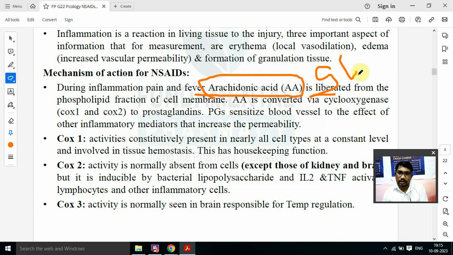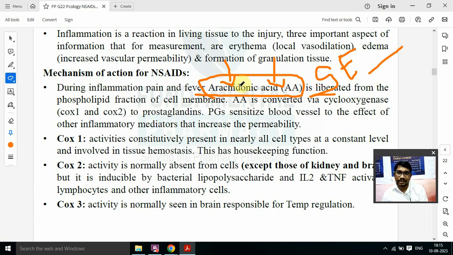Because it is synthesized from linoleic acid. When linoleic acid is present in your body, arachidonic acid becomes non-essential. When there is a deficiency of linoleic acid in your body, arachidonic acid becomes essential. That's why it is known as semi-essential.